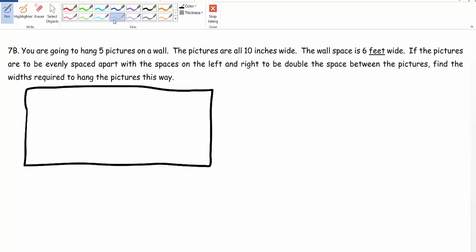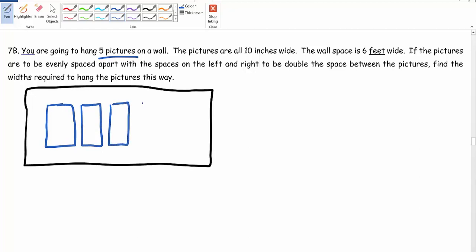And on this wall, we have 5 total pictures. So we have 1, 2, 3, 4, and 5.